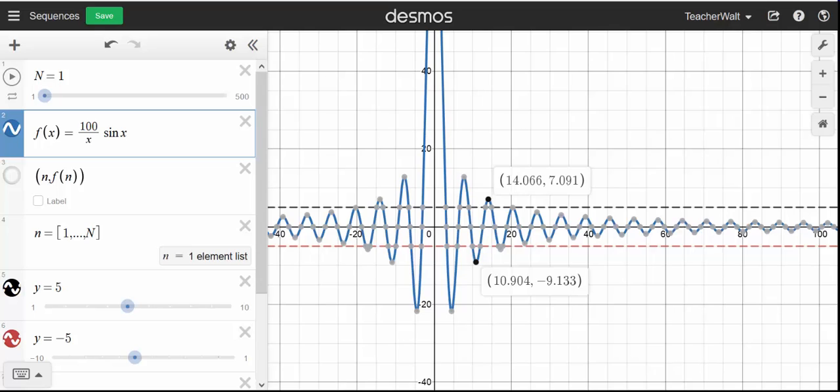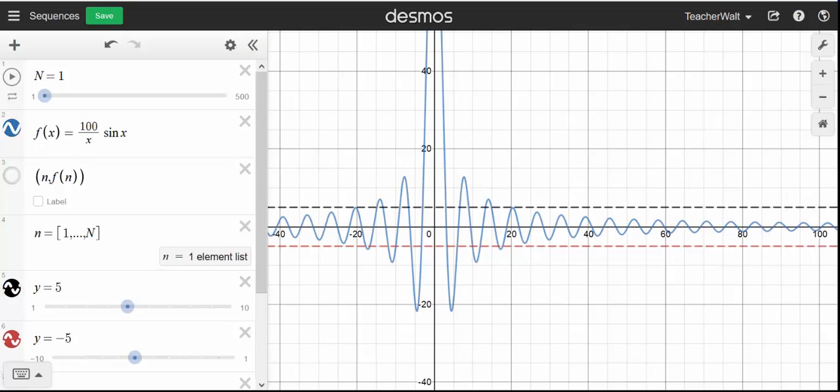So the entirety of the function is not between those two lines. However, if you go out far enough, like over here, these values are all between those two lines. Every function value is between those horizontal lines if we go out far enough on the x-axis.